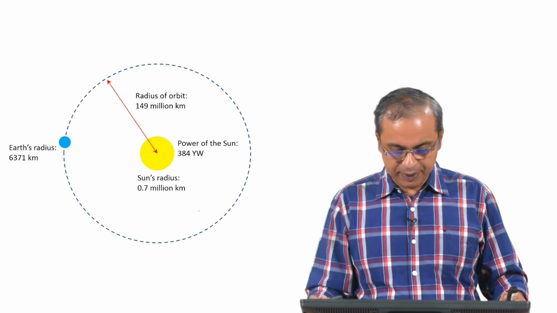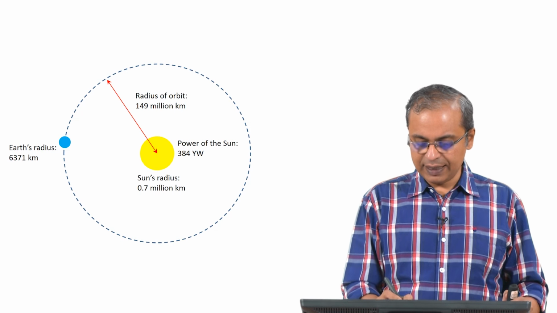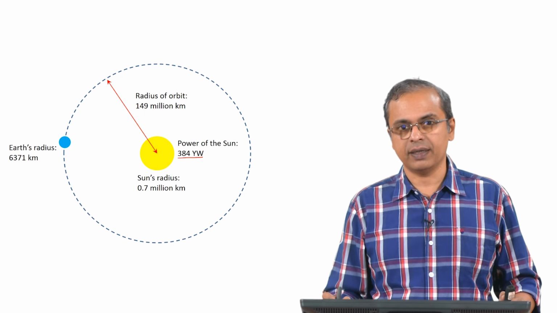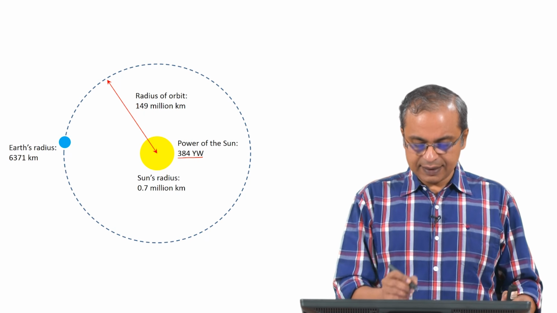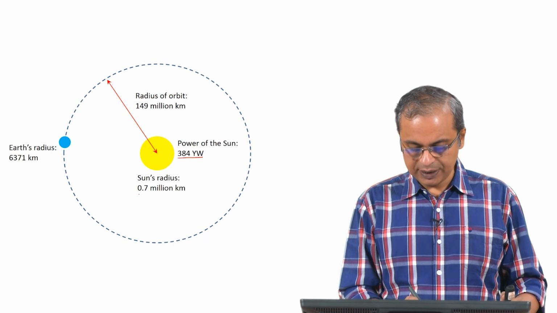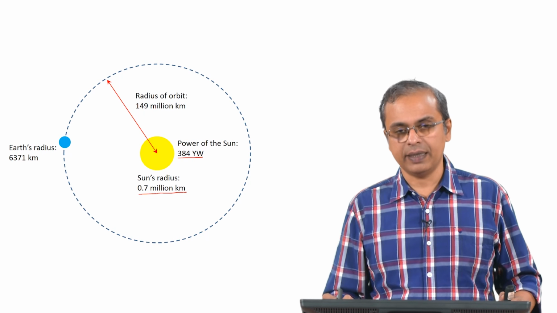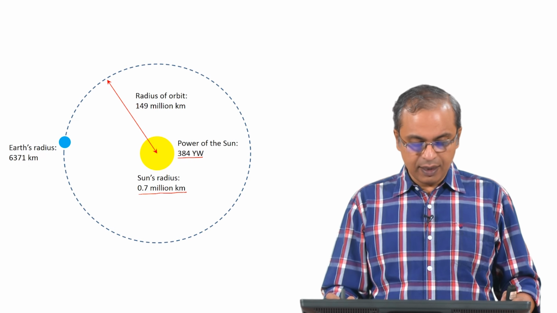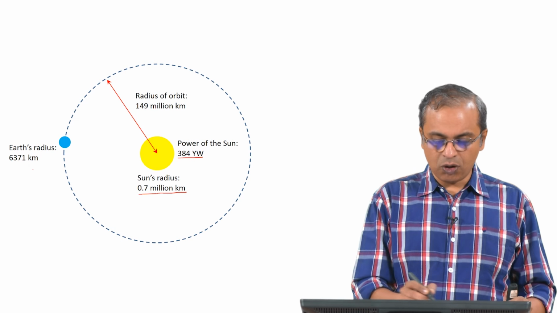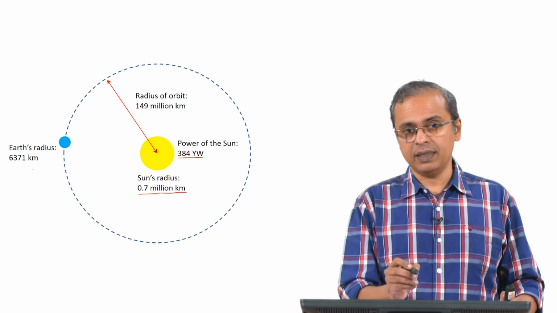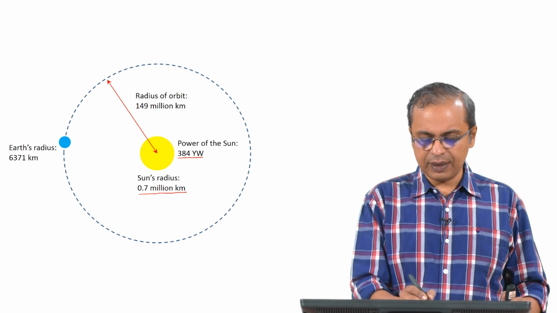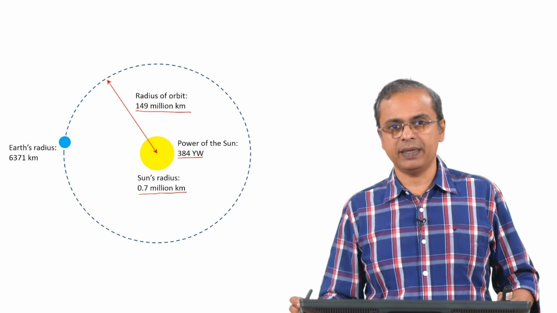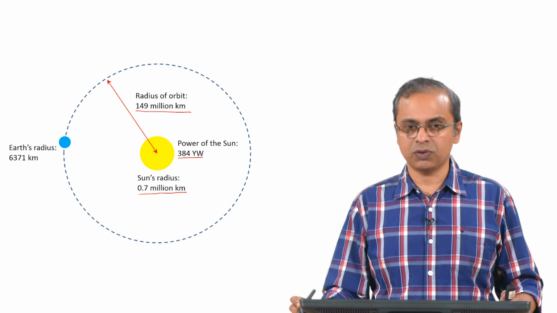You can see here some important parameters. The first thing is this number that we just saw, 384 iota watts, that is the power of the sun. Then there is the sun, which has a radius of 0.7 million kilometers, so 700,000 kilometers is the radius. The Earth is going around the sun in an orbit of roughly 149 million kilometers radius.